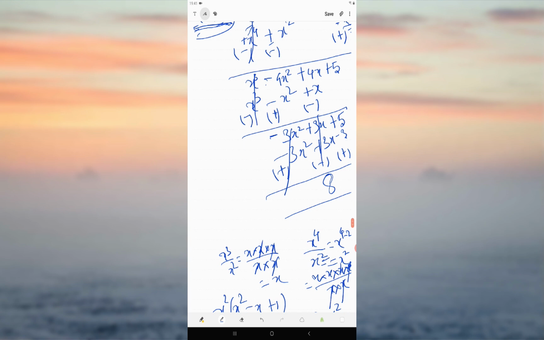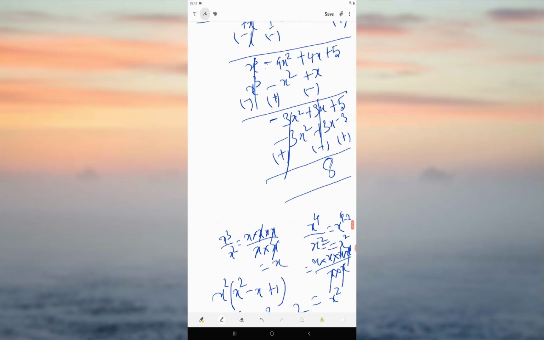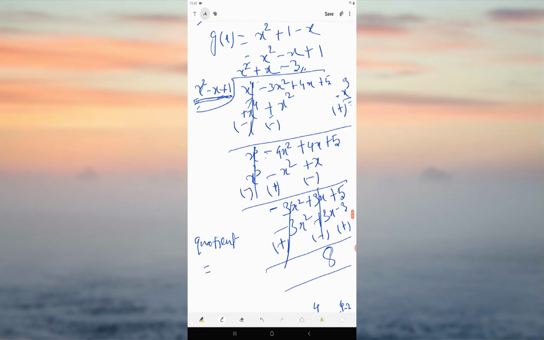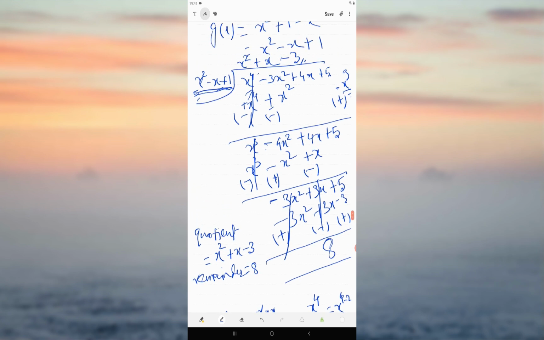So we will stop over here. So what did we get? Quotient equals x square plus x minus 3, and remainder equals 8. Okay.